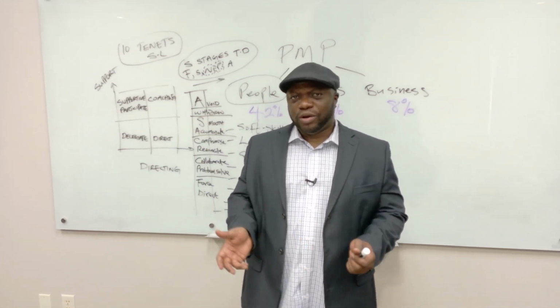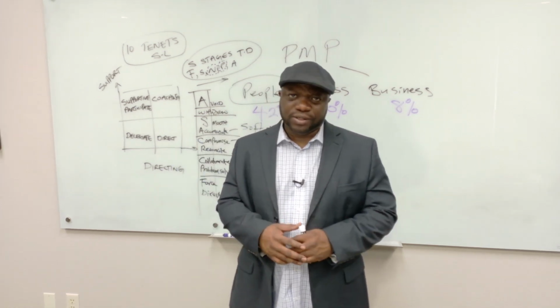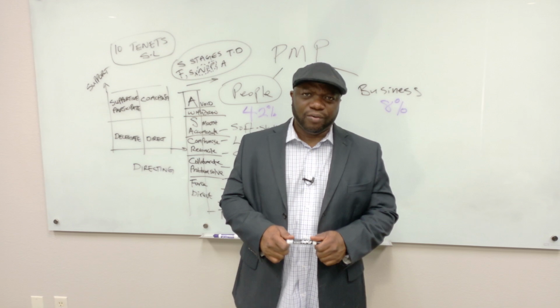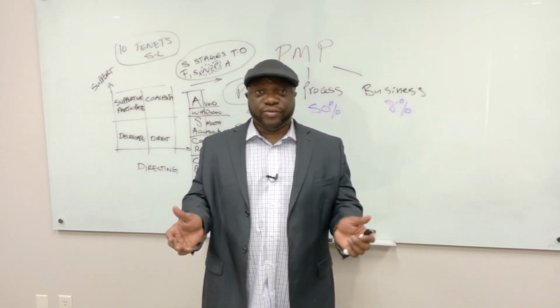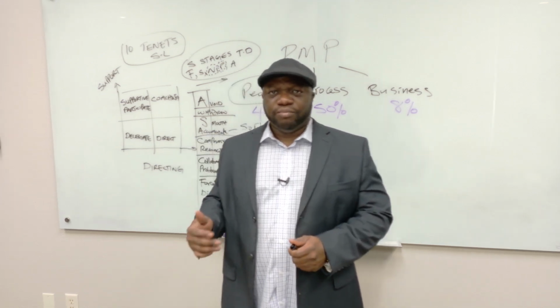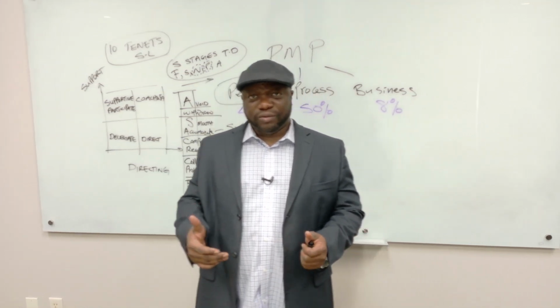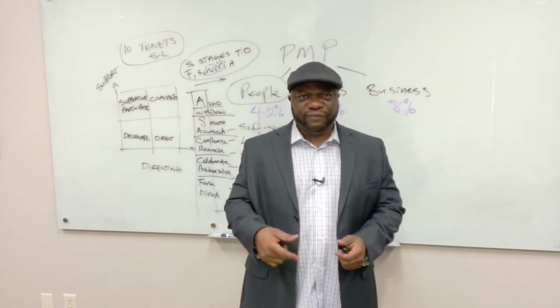Now, when you talk about the principles, some of my favorites, number one: our highest priority is to satisfy the customer. How? Through early and continuous delivery of valuable products. Why do you want to deliver early and continuously? Because the earlier you deliver in the world of Agile, the better it is for you as a development team. You're going to get feedback.